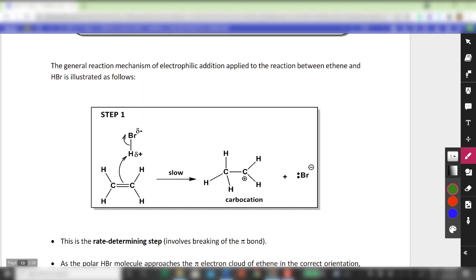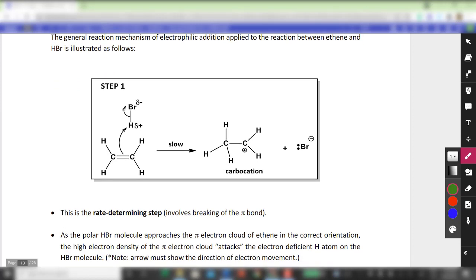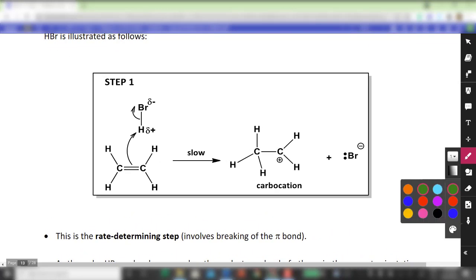The general mechanism begins with the pi system attacking the electron deficient hydrogen, which leads to the heterolytic cleavage of the HBr bond. You realize that when the arrows are drawn, it's a full arrow. Remember, I mentioned that for alkene radical reactions, it is probably the only time you're drawing a half arrow or fishhook arrow.